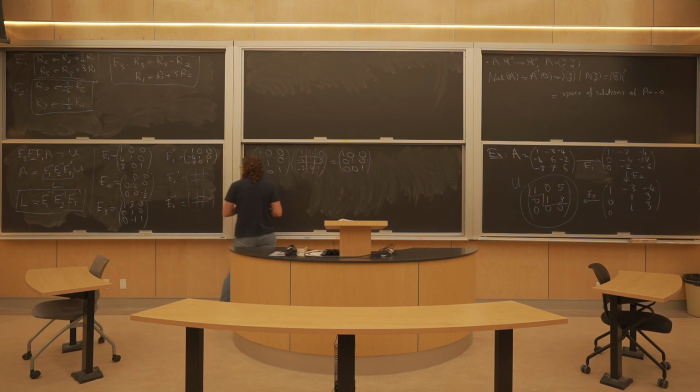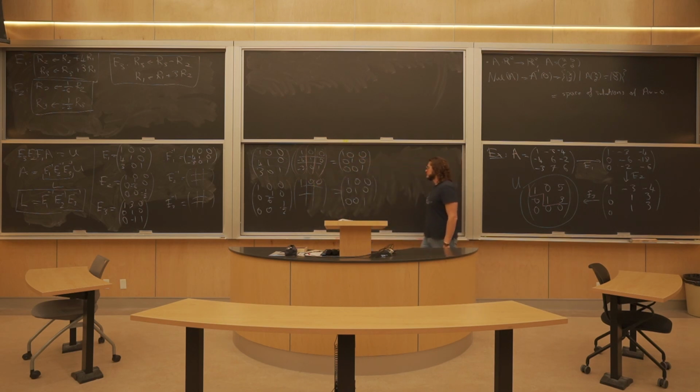And here too, for instance, let's look at this. Minus 1 over 6, 0, 0, 0, minus 1 over 2. Same idea. This has to be 1, 0, 0.